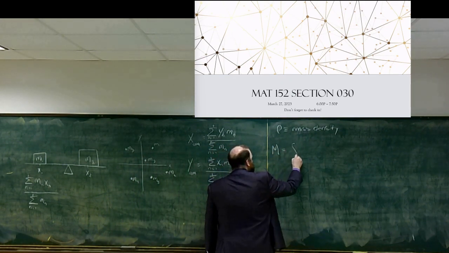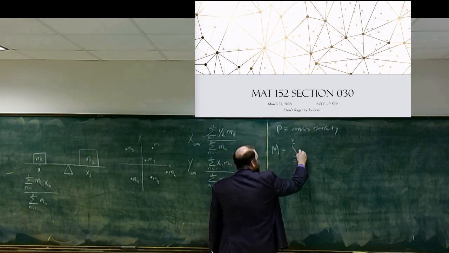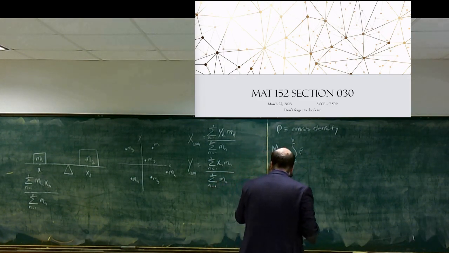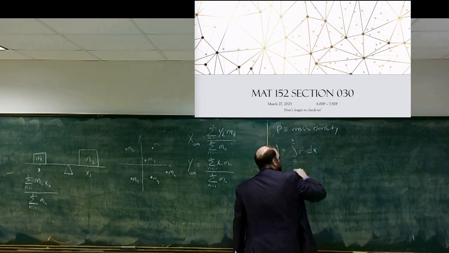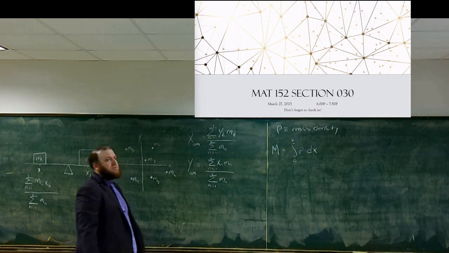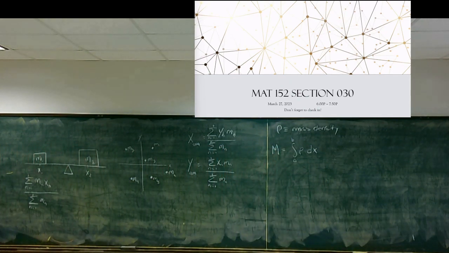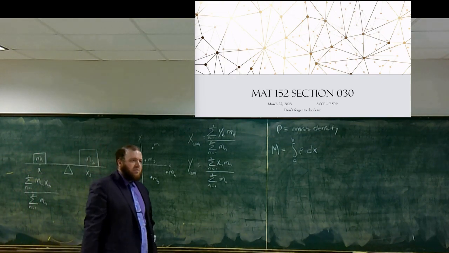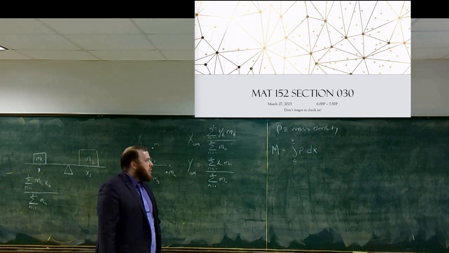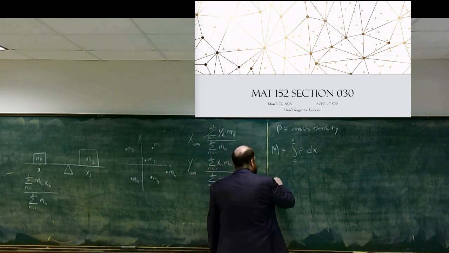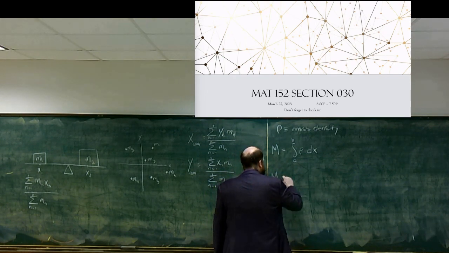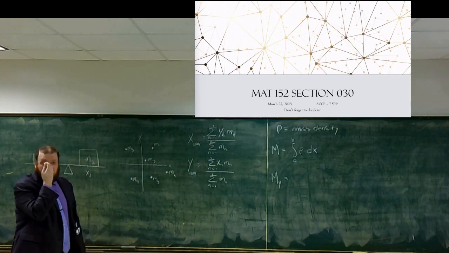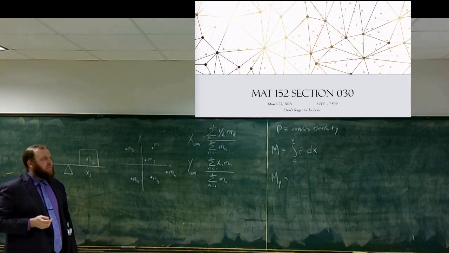Total mass is the integral over the interval that the lamina covers of rho dx. Should that be mass times density or just mass density? That's mass density. It's called mass density. So it's like one phrase? Yeah. Okay.